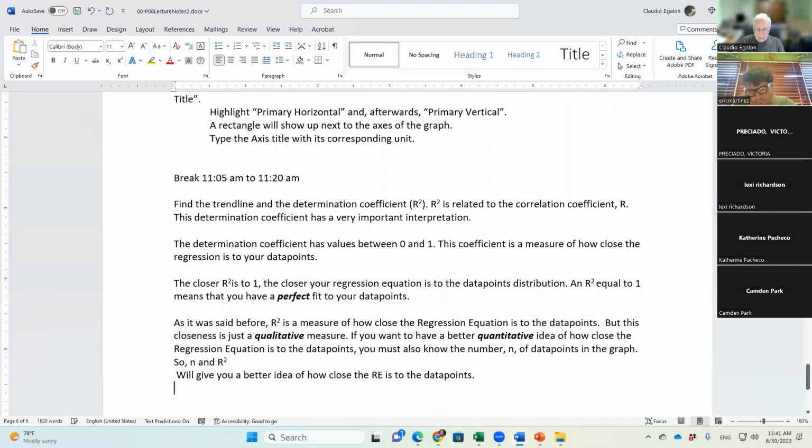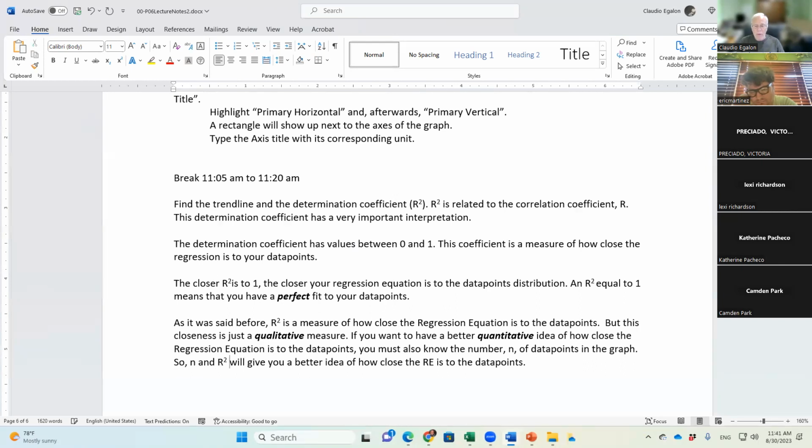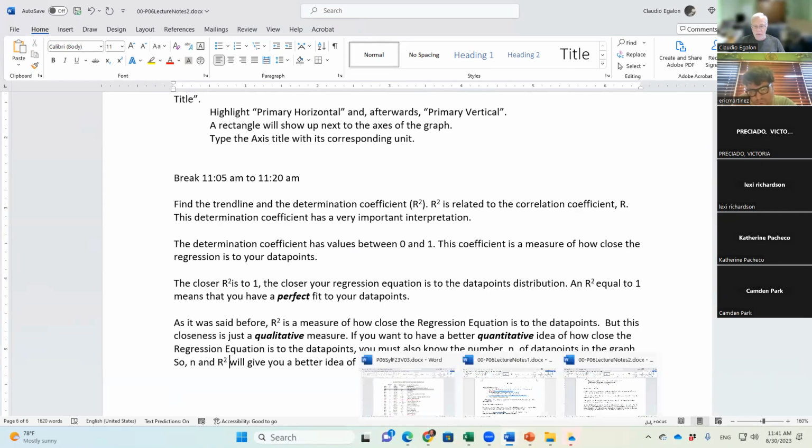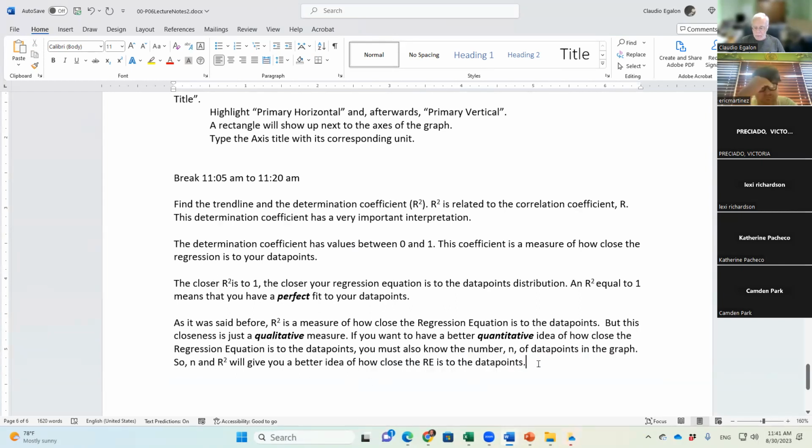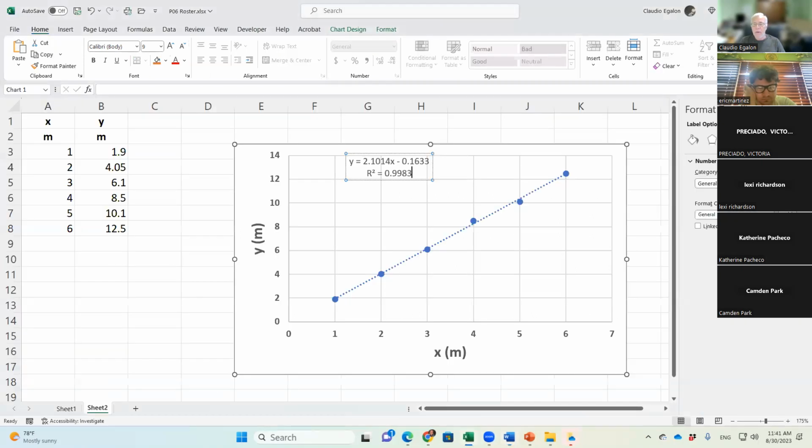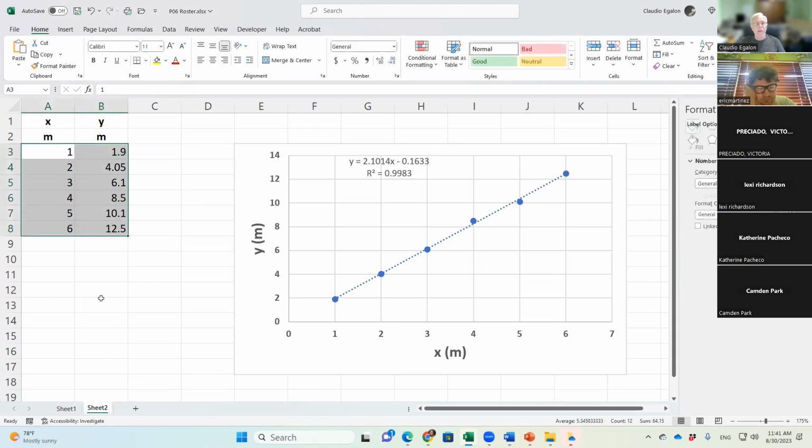Right? R squared alone is not good enough. You also have to know the number of data points. Okay. In our example, n equal to 6, right? Going back to the spreadsheet here, you have 1, 2, 3, 4, 5, 6, right? 1, 2, 3, 4, 5, 6, right?